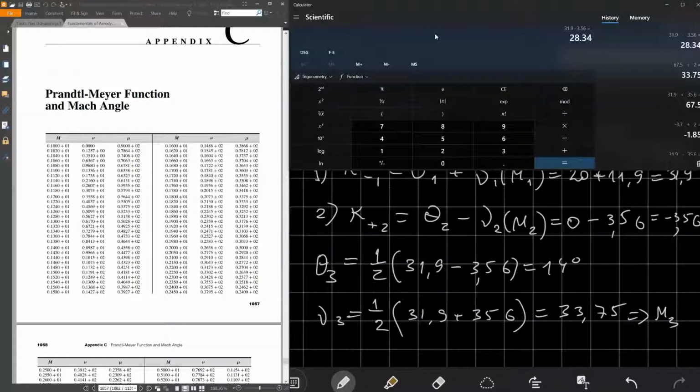Okay, and here is the comma. So it will be 31.9 plus 3,56, 1773. Okay, so the Mach number I will try to determine if it will be okay or not.